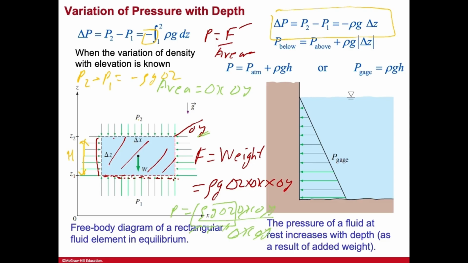All that the pressure, or the change in pressure between the two points, is dependent on is the height of the liquid column, which is given by this delta z. Okay, so sometimes you will see it, so just be mindful of it. Instead of writing P2 minus P1, it might be P1 minus P2 is equal to rho g delta z, right? So just be careful with the signs when they write it, right?